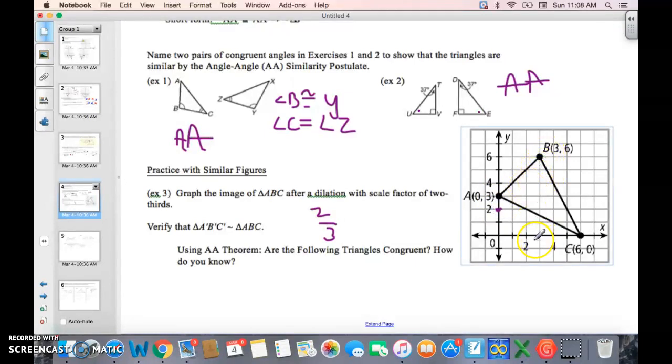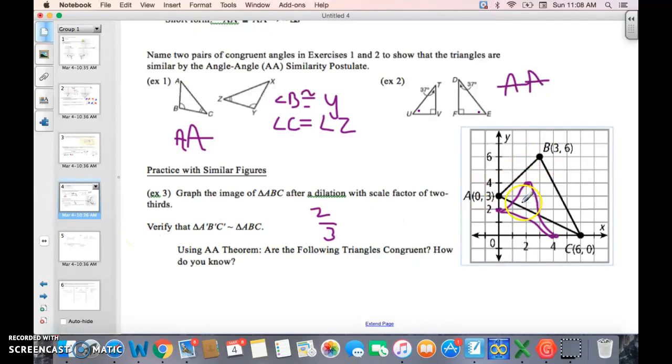So this is at 2, 4, because 2/3 of 6 is 4, and this is at 4, 0. And so my new image will be, those are terrible lines. I'm sorry, that doesn't even look like a triangle, but pretend it is. It should look something like that. And again, you can say that it's the angle-angle theorem because the angles have not changed, just the side lengths have decreased by 2/3.